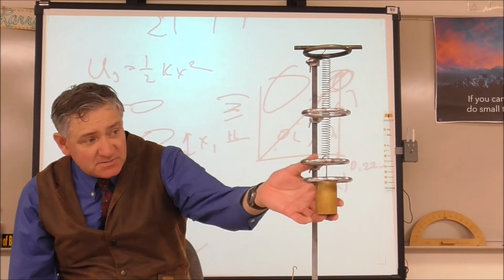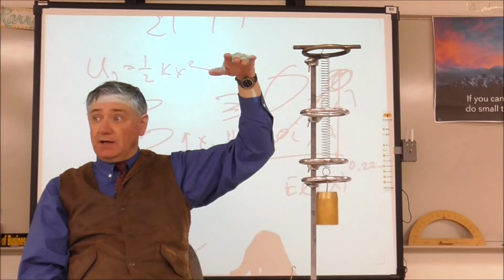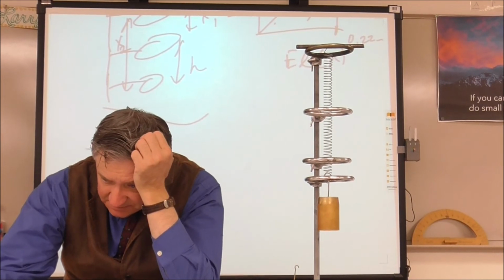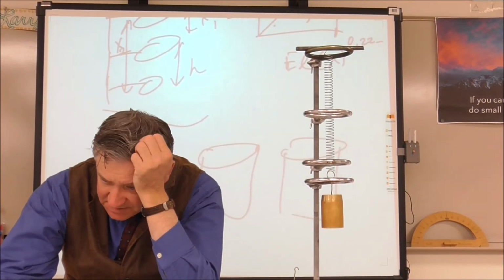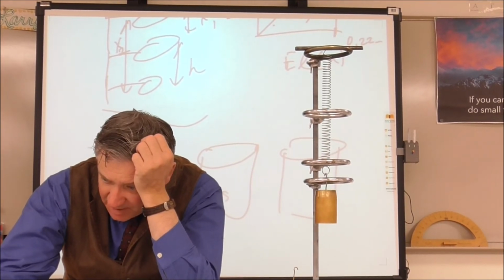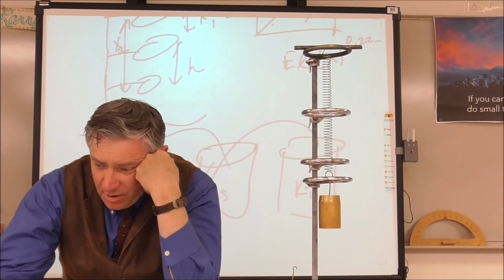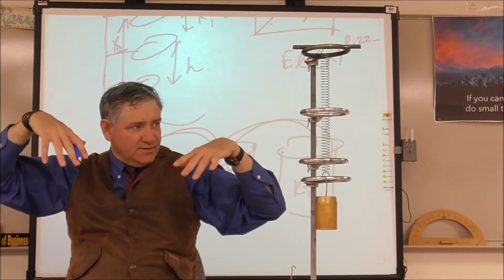You have your maximum UG at the top because that's when it's highest above the ground. So if you look at this in terms of containers, this is actually a 3-container system. You have UG, you have us, and you have KT. And all you're doing is continuously changing the energy within the system.